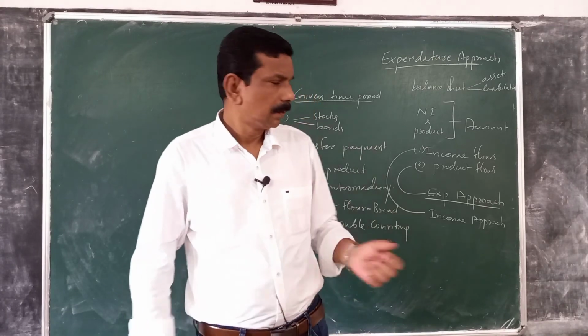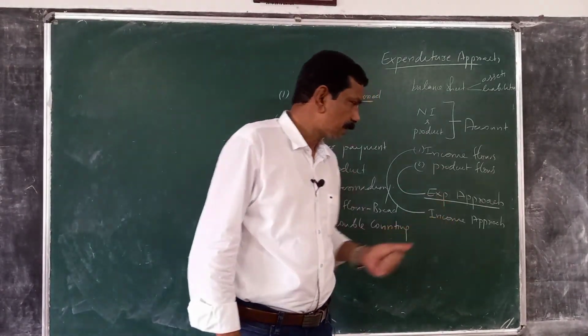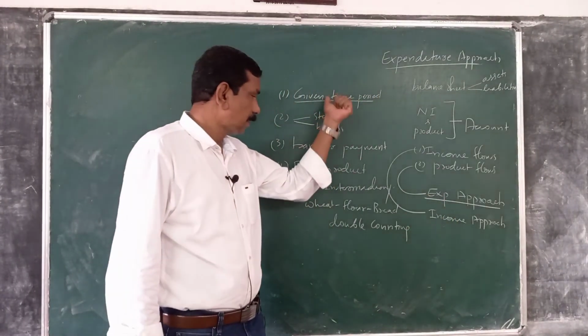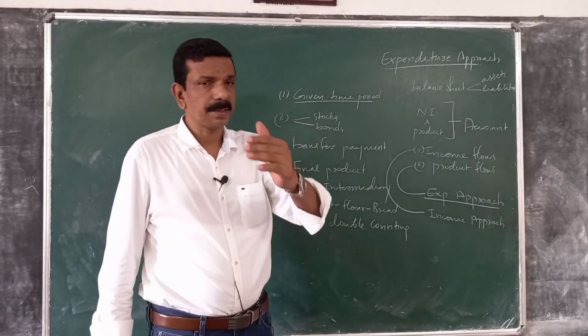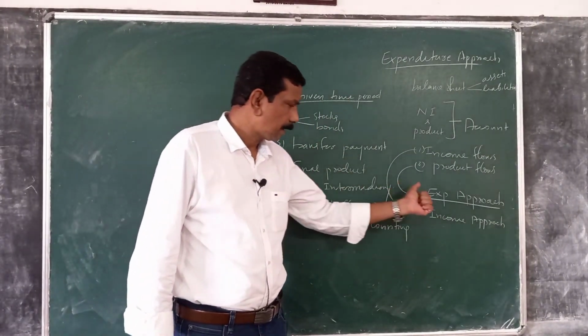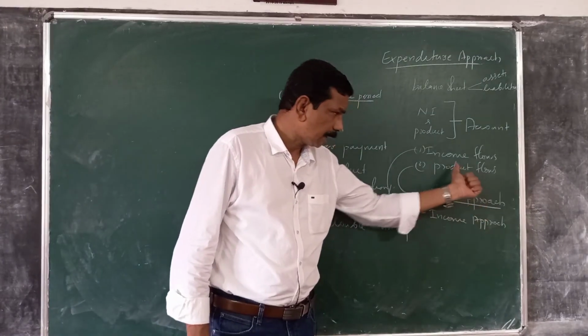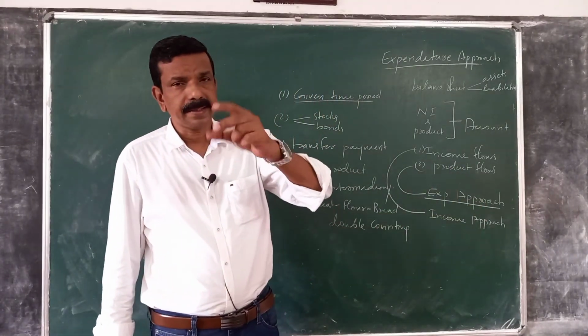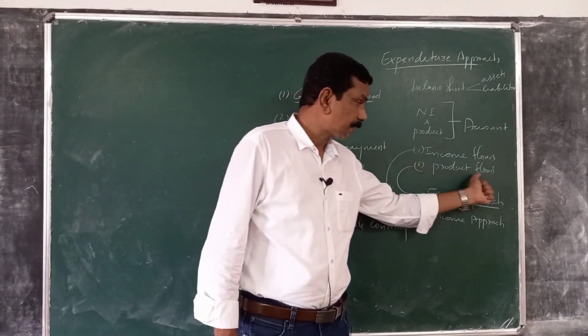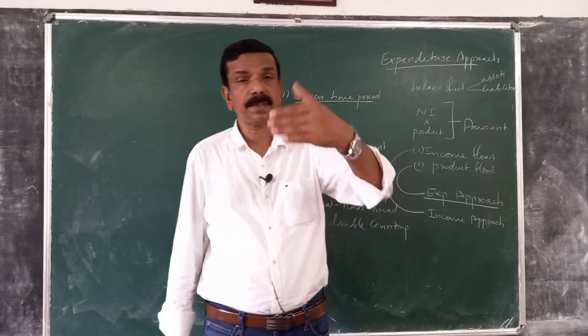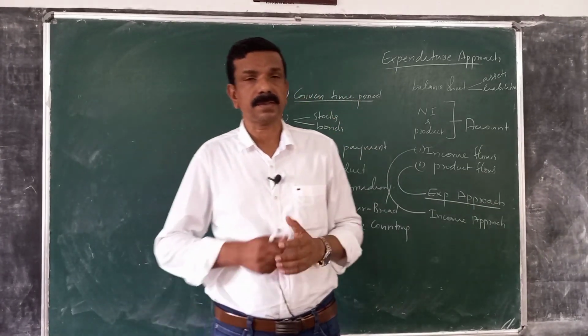So, in the expenditure approach, we exclude these types of expenditures. And expenditure approach calculates national income from the product side as expenditure on goods and services.